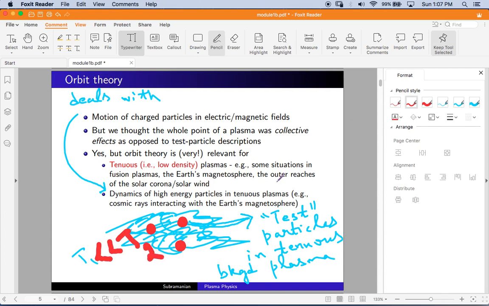The red particles are very, very high energy, very high temperature, if you can ascribe a temperature to them. It's probably better to think just in terms of energy. They are so energetic that they don't really belong to the background plasma. They are genuinely test particles.